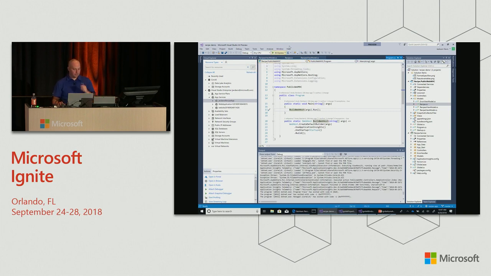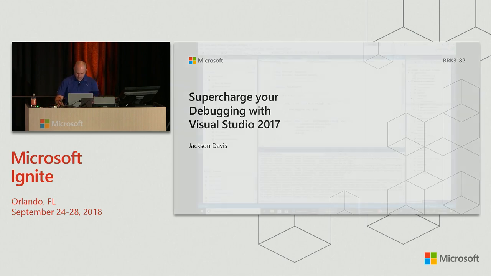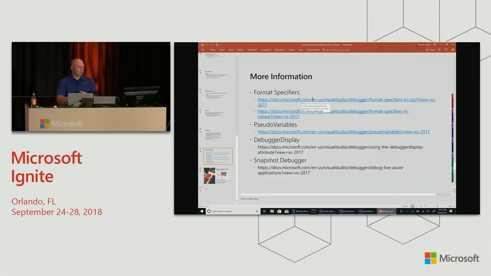I don't have anything else to share, except that I have some links to some of the documentation for some of the features I showed today, which will be on this machine. So the features that I showed you today, the format specifiers are documented on MSDN.